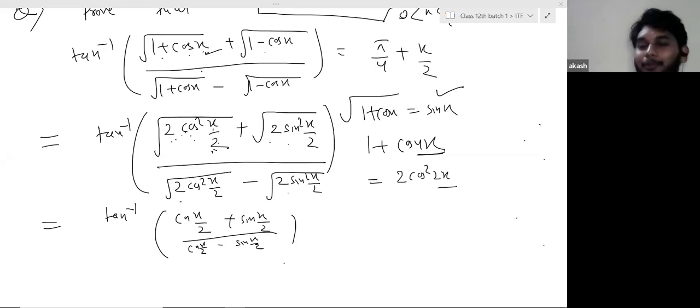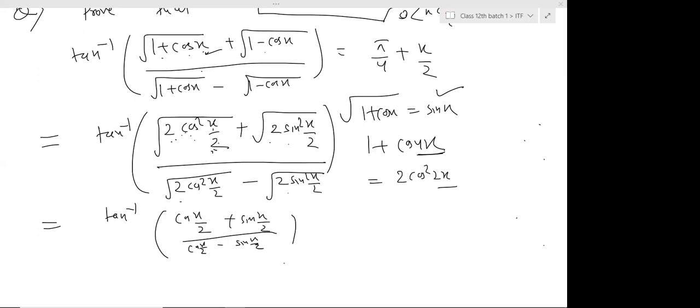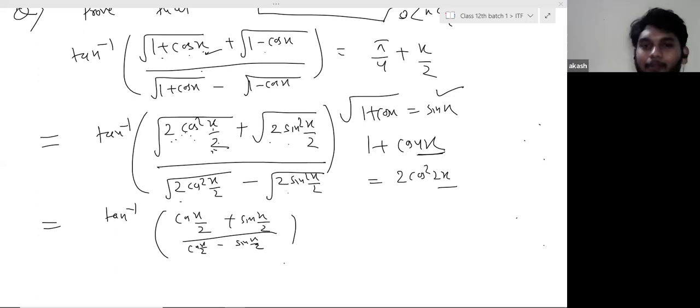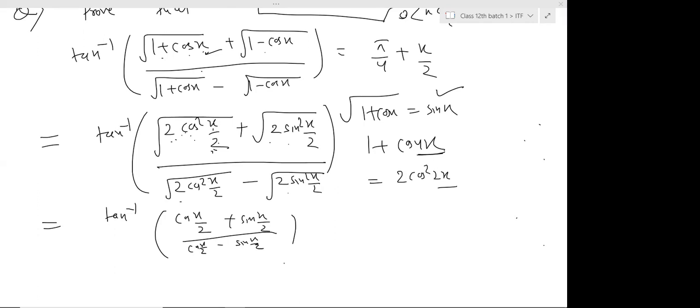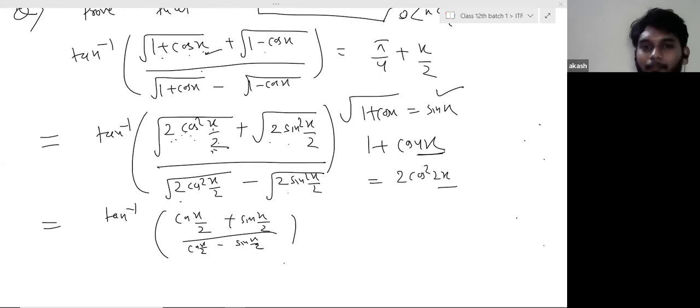Absolutely right, Kulsum. Kulsum answered this the first time also, right? We just solved this type of question, but instead of x by 2, we had x: cos x plus sin x upon cos x minus sin x. Krishna, yes or no? Yes, sir.